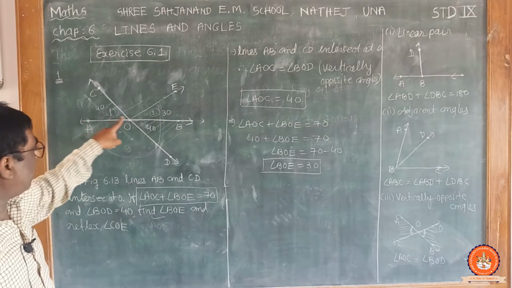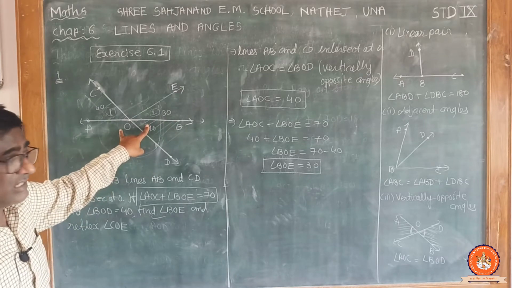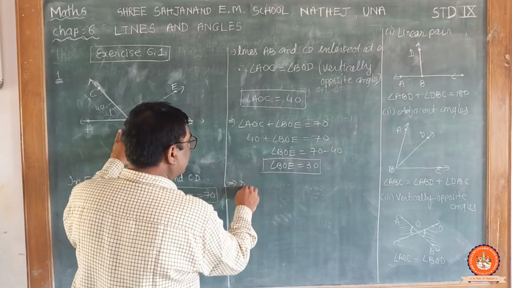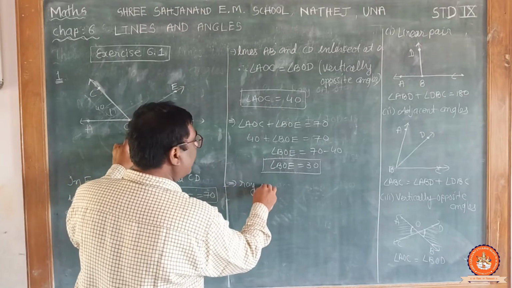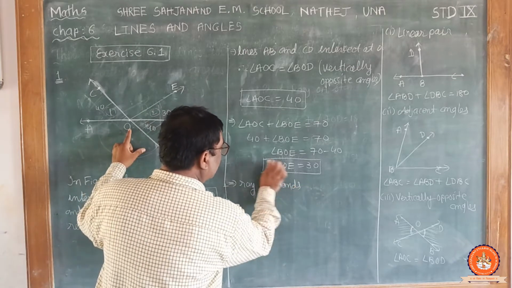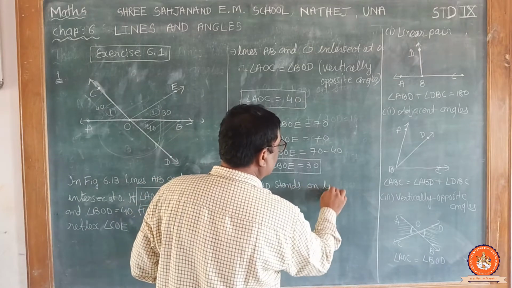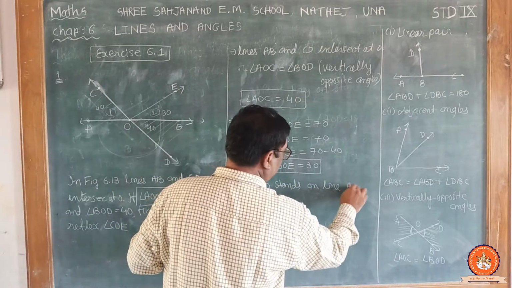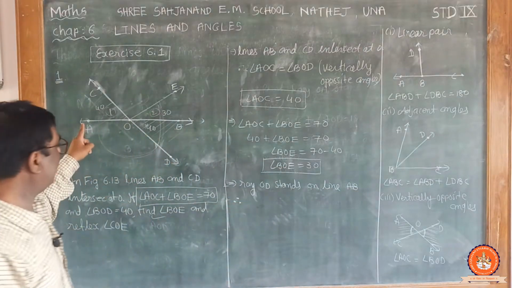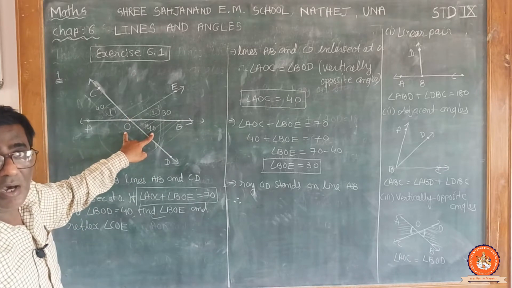Look at it. AOD and BOD. These two angles are linear angles. Okay. See, ray OD stands on line AB, and therefore angle AOD plus BOD, these two angles form a linear pair.